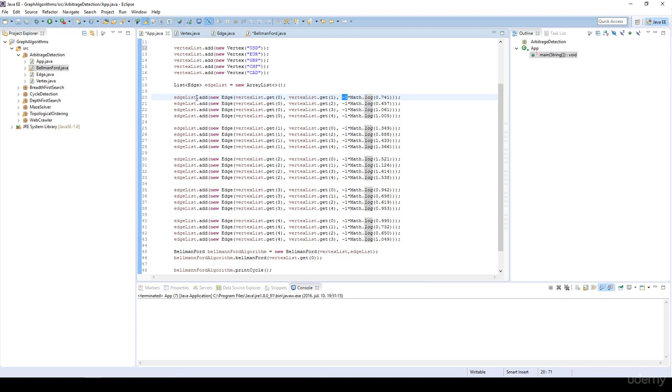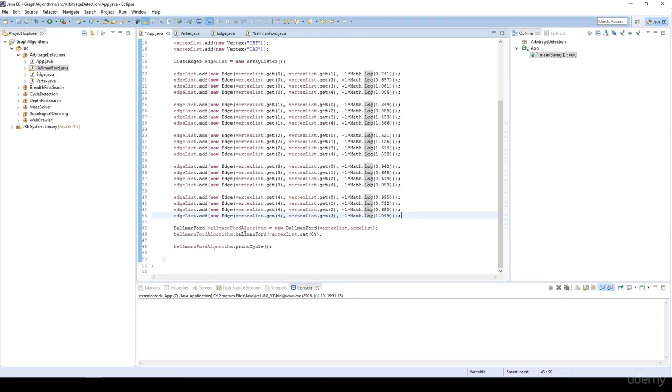So basically we have to negate it. So with this not too smart code, I created the graph and constructed the edges and the vertices, and we just have to run the Bellman-Ford algorithm on this graph. And if there's a negative cycle, it means that there is an arbitrage situation. What does it mean? That we are able to make riskless money.